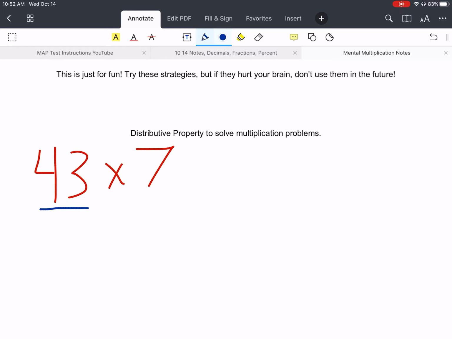So what we are going to do is split apart the 43 into 40, because that involves a 0, and 3. So if we have 43 sevens, we can have 40 of them in one section and 3 in the other, because we know that 40 plus 3 is 43.